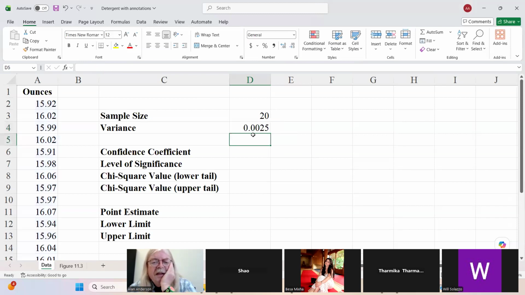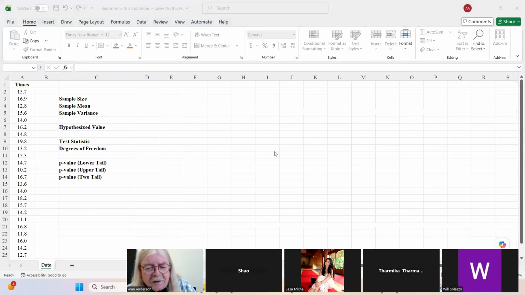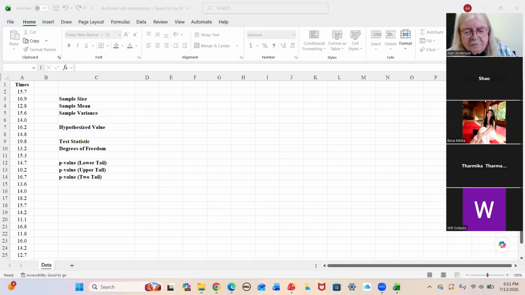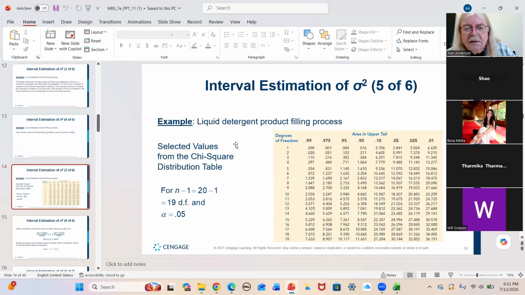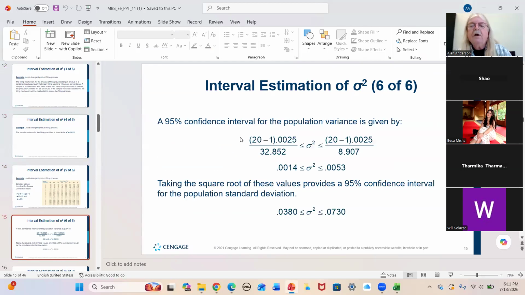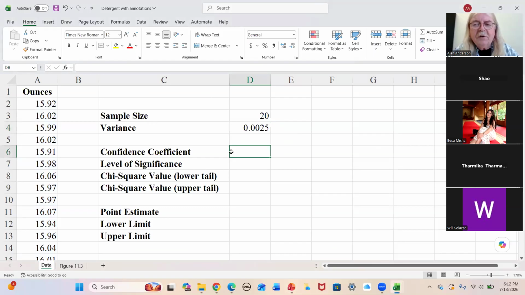Yeah, I did mention that in the slides. The confidence coefficient, if I remember correctly, was 5%, but let's confirm that. Yeah, because they want 95% confidence, the confidence coefficient is 0.95, but then the level of significance is one minus that.